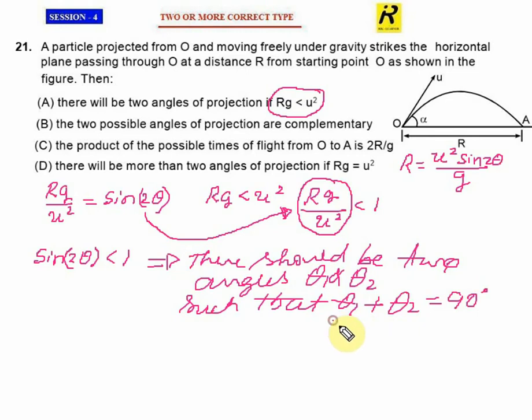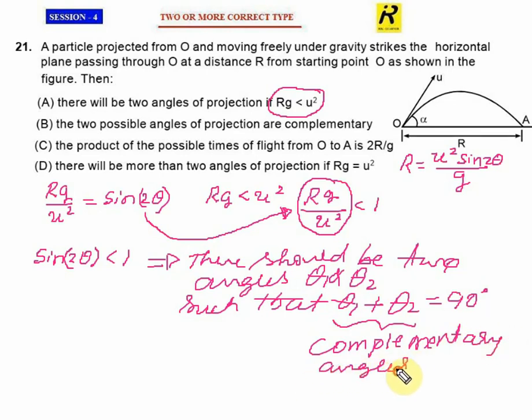Such angles are called complementary angles. So from this conclusion, there will be two angles of projection.